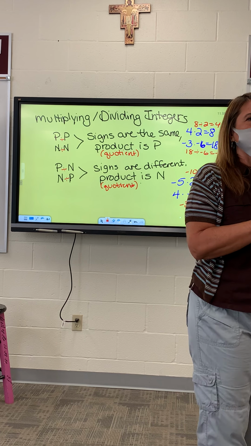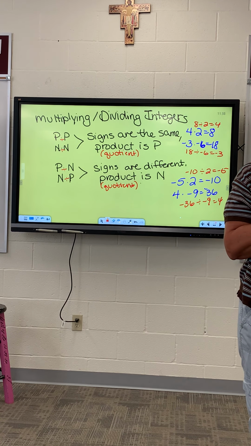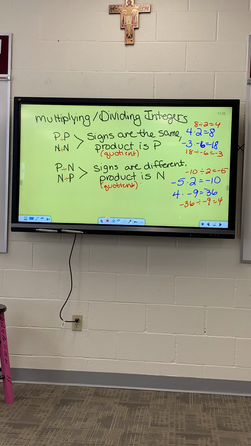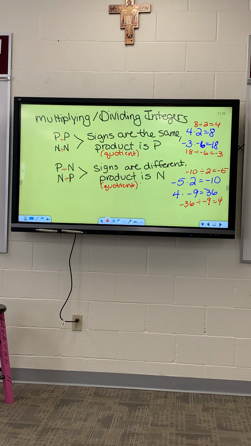John, 3 times negative 6. Negative 18, good. Braden, 10 times negative 2. Negative 20. 45 divided by negative 5. Negative 9.